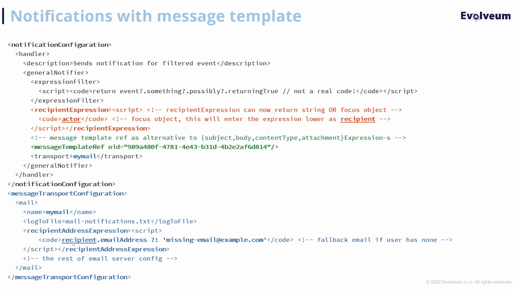And here again, because we have the recipient as a focus, we can actually choose email address for mail and, for instance, telephone number for SMS. So it's much more flexible. You can simply specify transports that have completely different kinds of recipient addresses in a single notifier. Previously, you had to do it in separate notifiers.